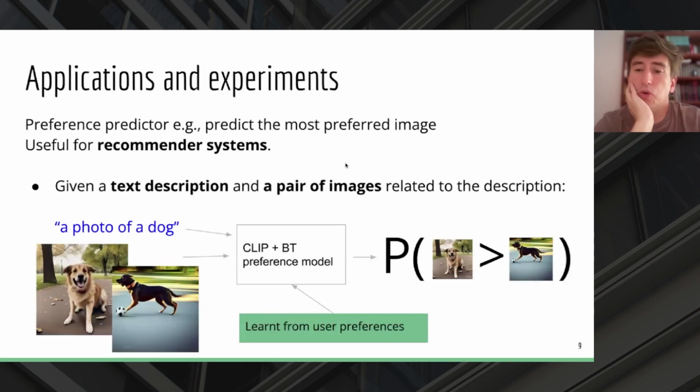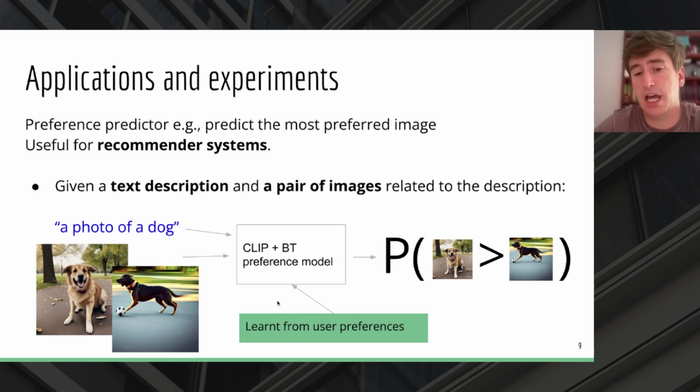Okay, so now we're going to turn to some experiments and applications. Let's go back to a reminder of the introduction. We have a text description and two candidate images related to that text description, and now we have a model that can compute which of the two images is the preferred one.